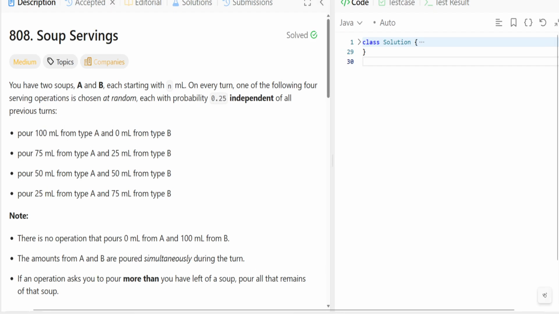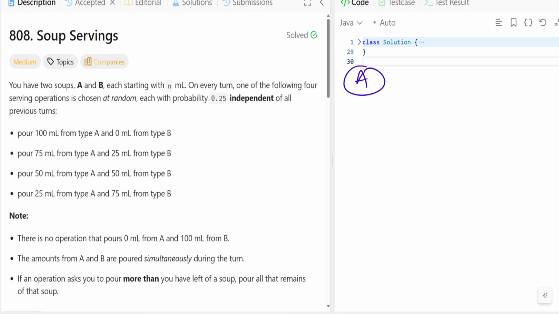Very first, we have two soups, let's suppose A and B, and each has N ml.